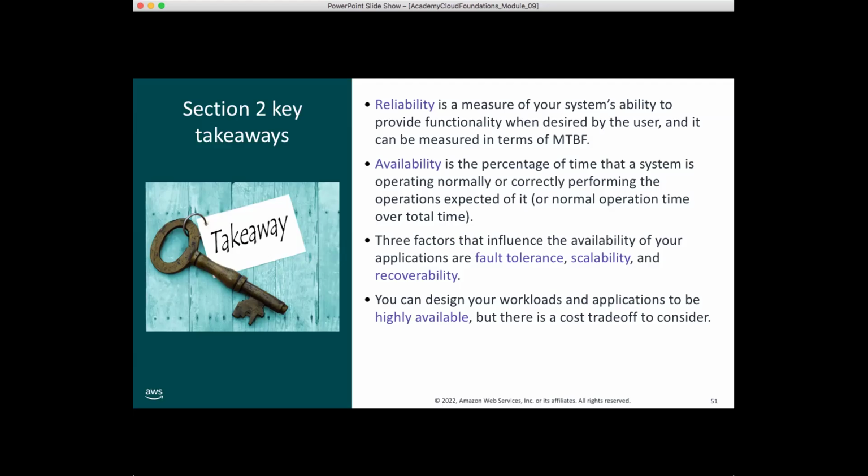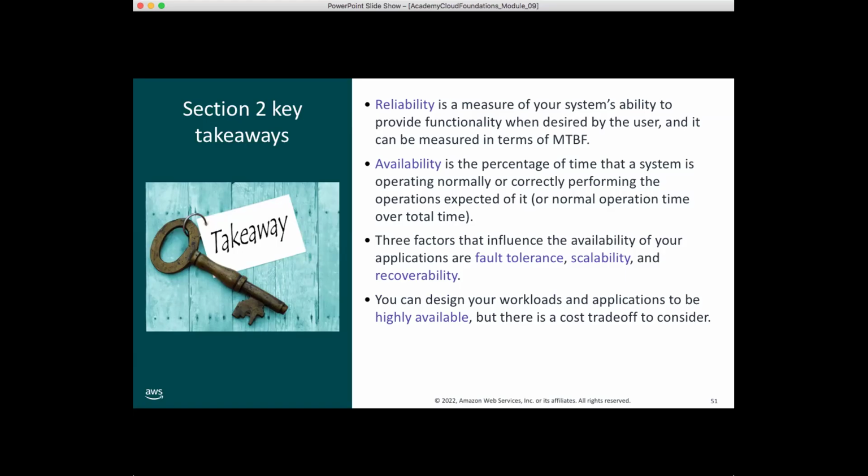Availability is the percentage of time that a system is operating normally or correctly performing operations expected of it, or normal operation time over the total time. So 99.999% available, something like that. That's how we measure it, right? A few factors influence availability: fault tolerance, scalability, and recoverability, right?